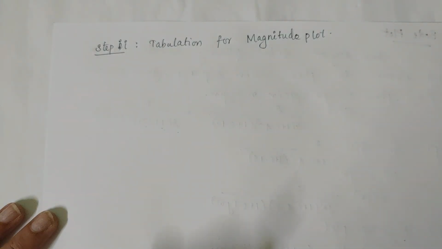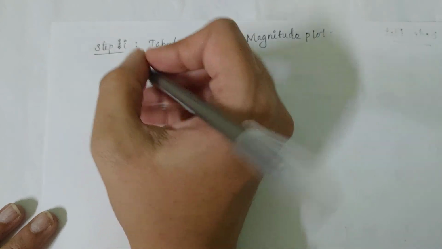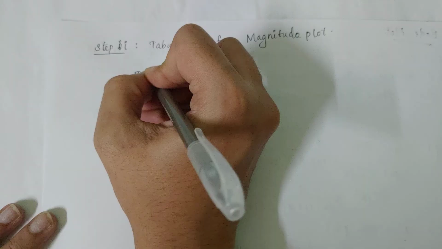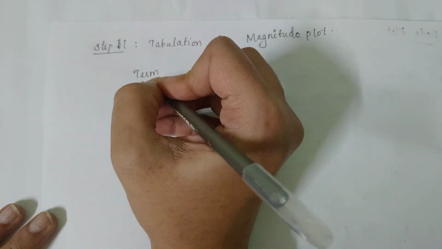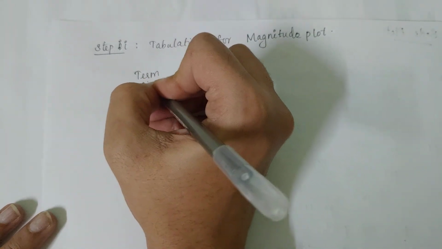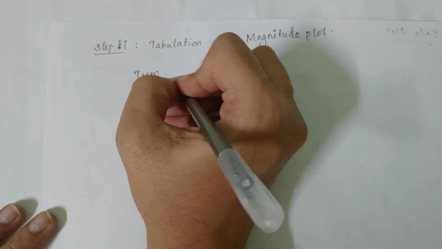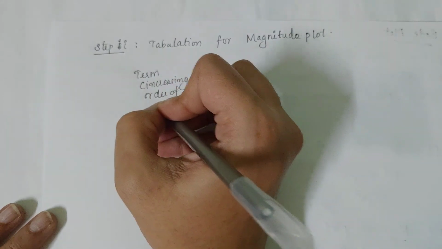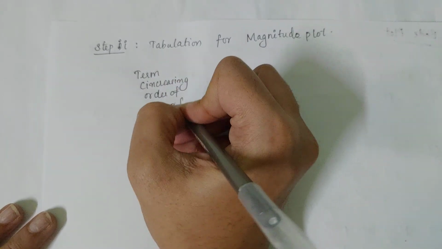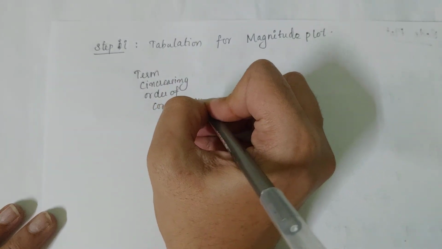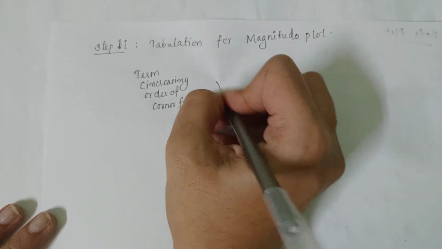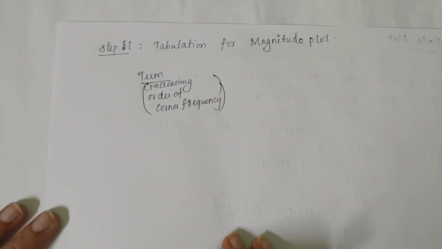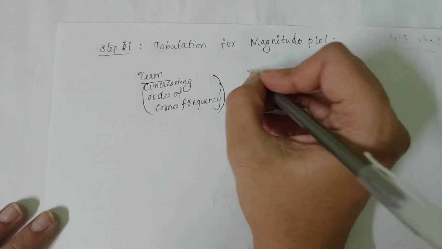For the magnitude plot, it consists of a term column, and the terms should be written in the increasing order of corner frequency.